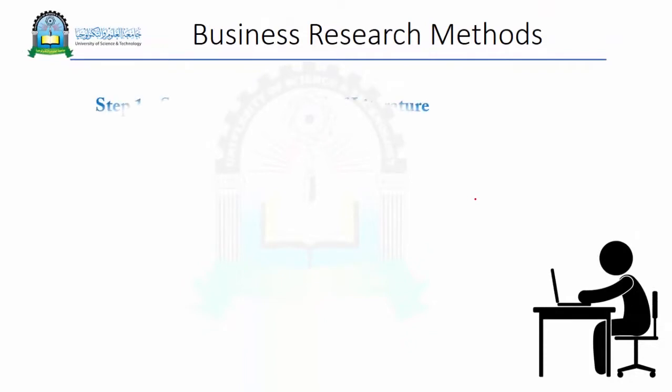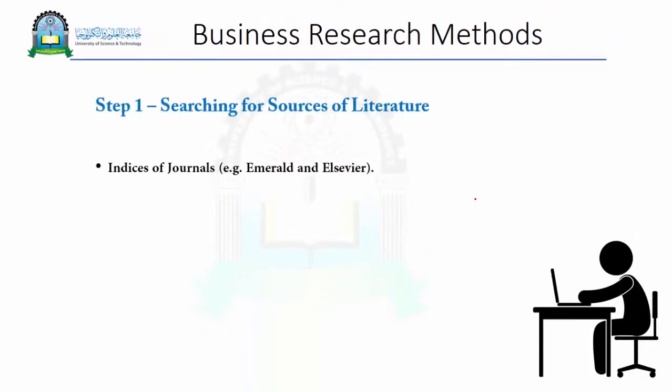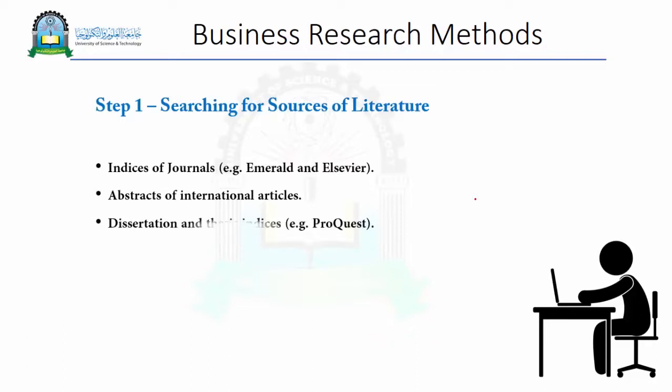So the first step, which is searching for sources of literature, as we know, researchers have to read previous studies from published materials, published journals, international journals, and from previous work, whether it is dissertation, thesis, international articles, international journals, whatever.